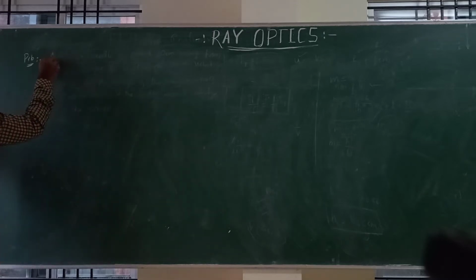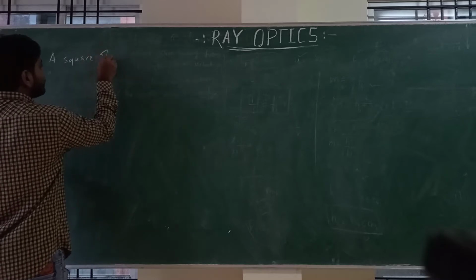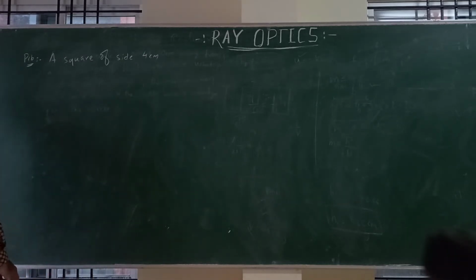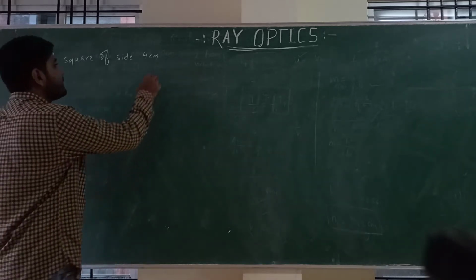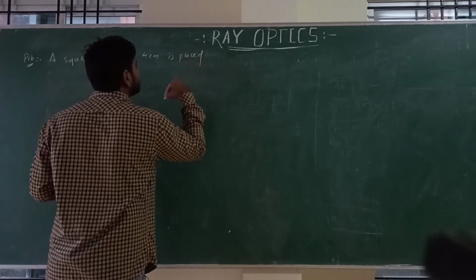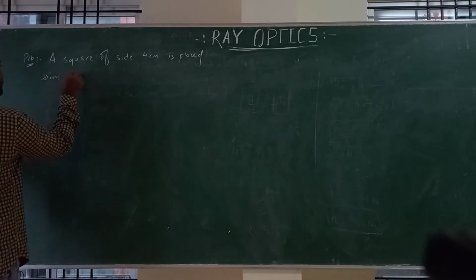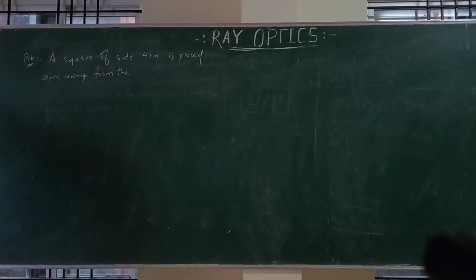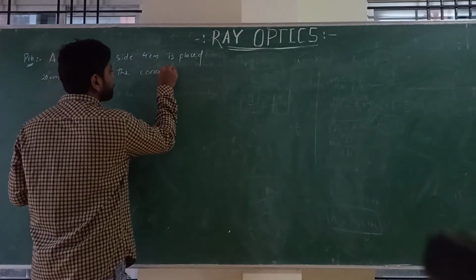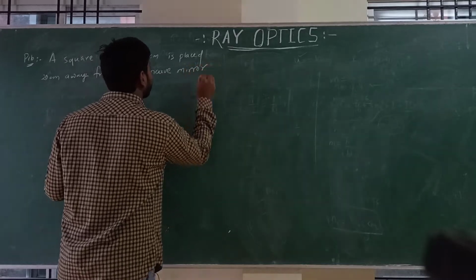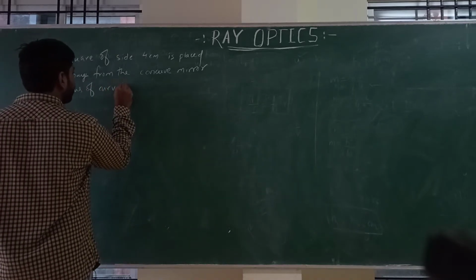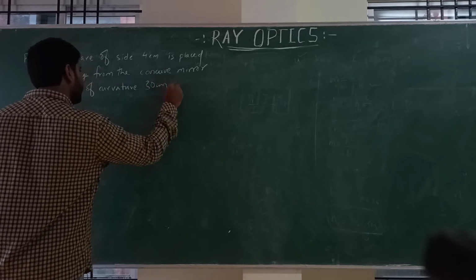A square of side 4 centimeter is placed 20 centimeter away from the concave mirror of radius of curvature 30 centimeter.